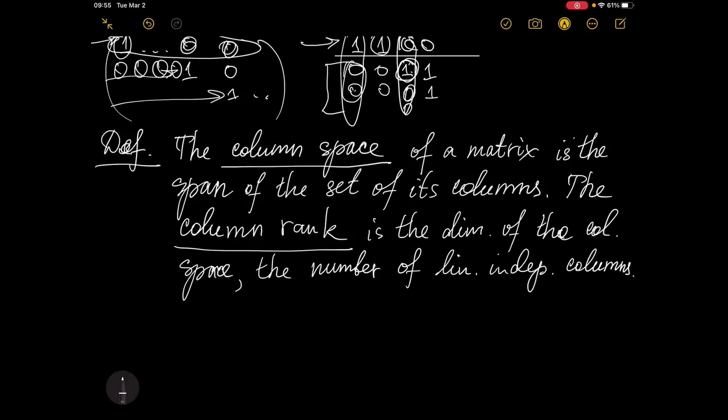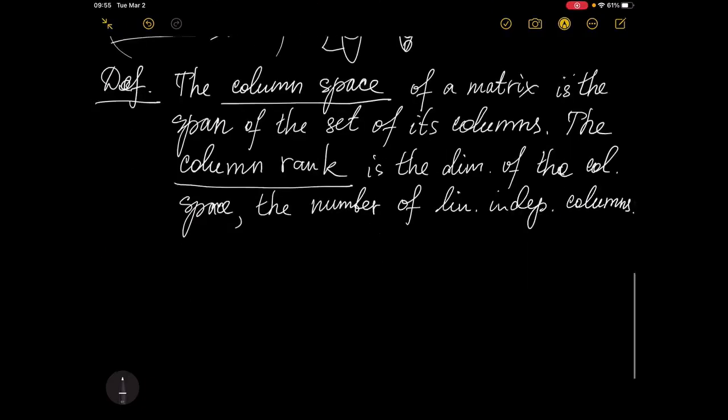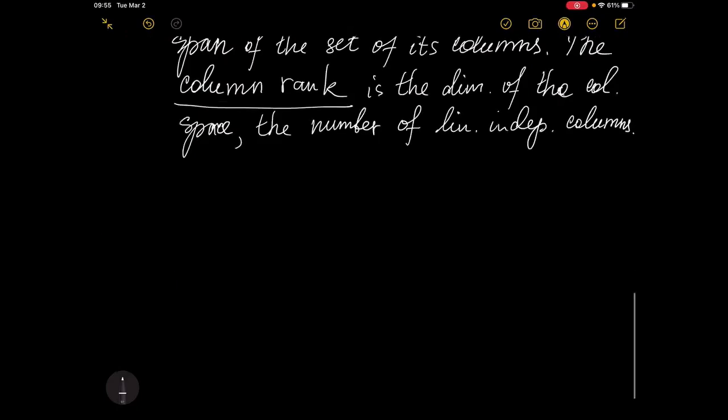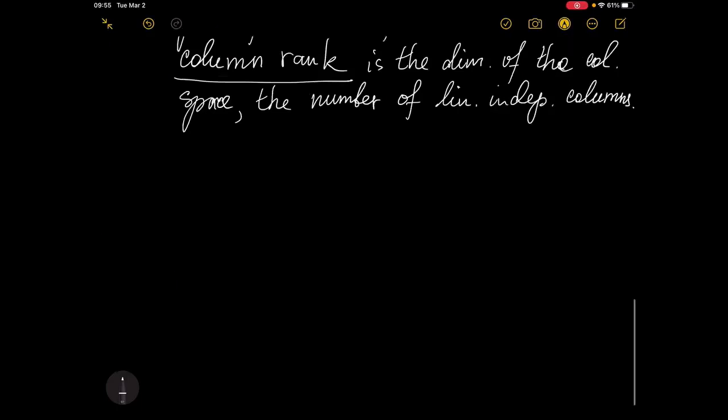So exactly the same, just for the column space as what we had for the row space. Okay, why is this interesting? Because, for example, let us consider the following system.